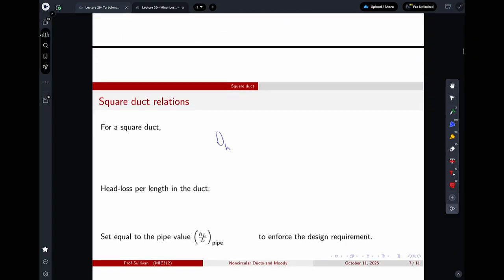I need to calculate the hydraulic diameter, A over P, which is A squared over 4A, and that will equal A. So that's my hydraulic diameter.